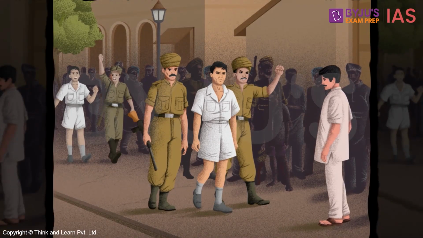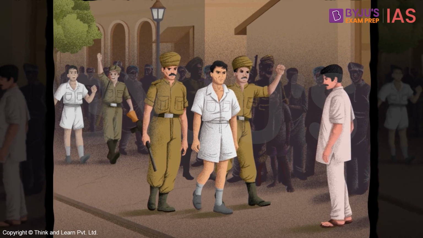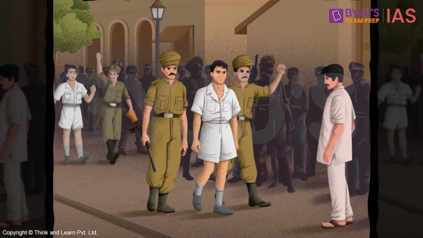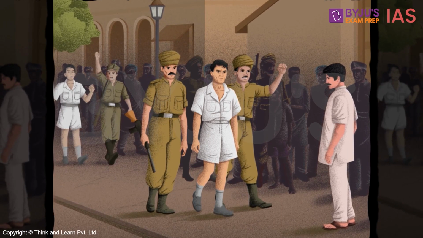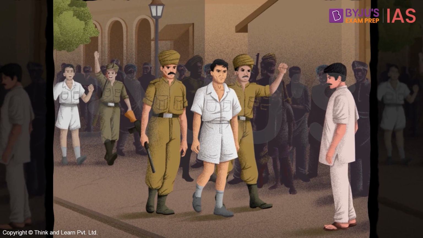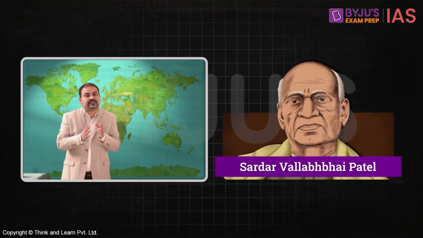Naval soldiers gathered in Bombay and they were joined by Royal Indian Air Force men as well. Although the mutiny succeeded in gaining mass support, it did not receive much support from the Indian leaders. The mutiny finally came to an end on 23rd February 1946 with the intervention of Sardar Vallabhbhai Patel.